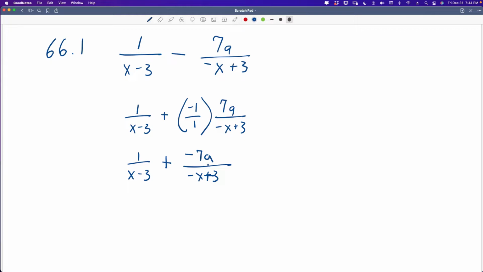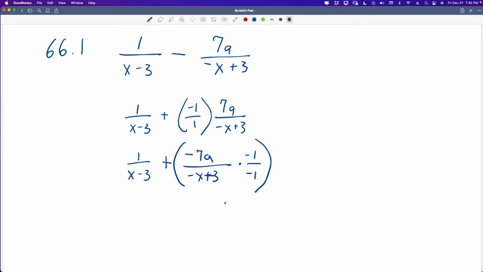So now we are going to multiply this fraction by the same number on the top and the same number on the bottom in order to change the sign, and that number is going to be negative 1. So this times negative 1 on the top and negative 1 on the bottom is going to change the signs of our fractions and give us a common denominator.